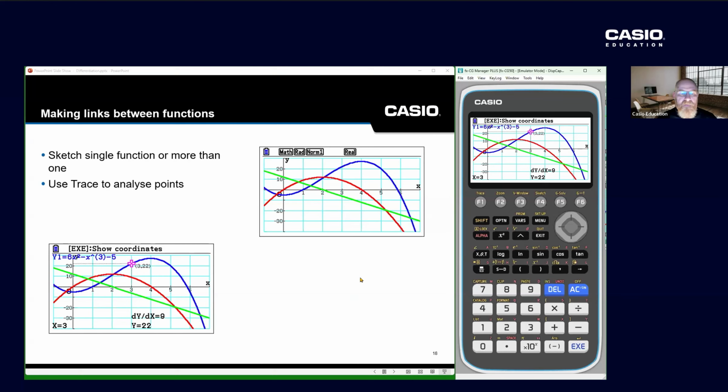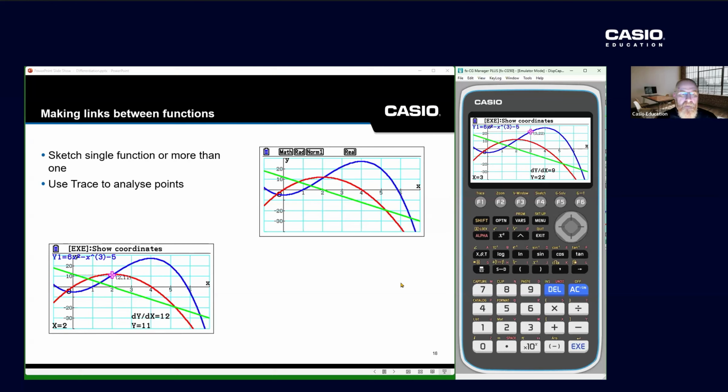So we've got 322. Notice, because I've turned the derivative on, I now get the value of dy dx equals 9, which I can confirm if I just toggle between the functions. You can see that my velocity function at x equals 3 has a y value of 9. So a very nice confirmation of the relationship between the position function in this case and the velocity function.